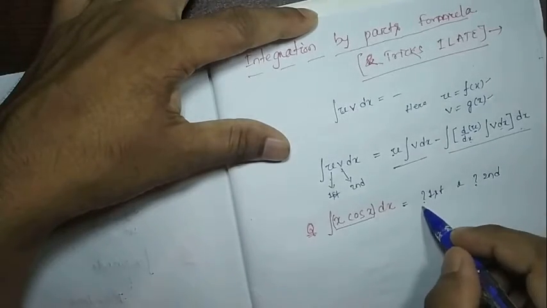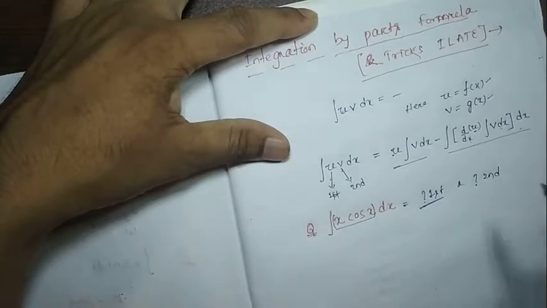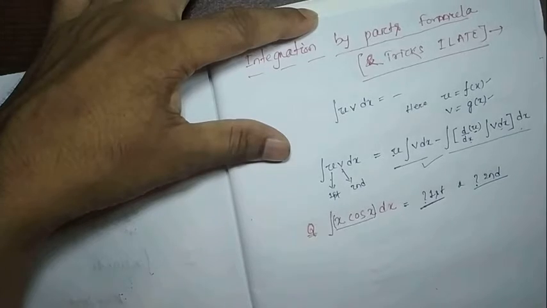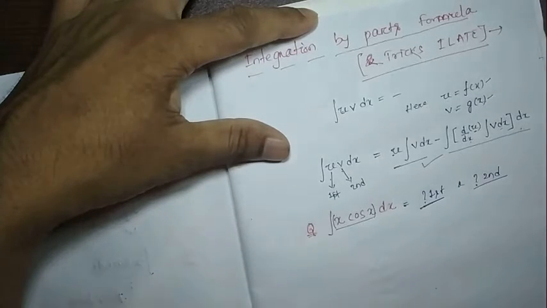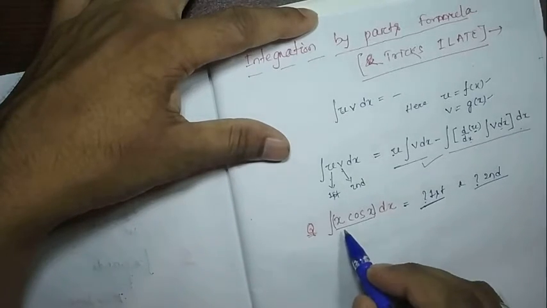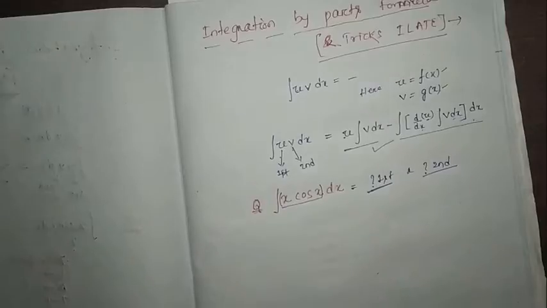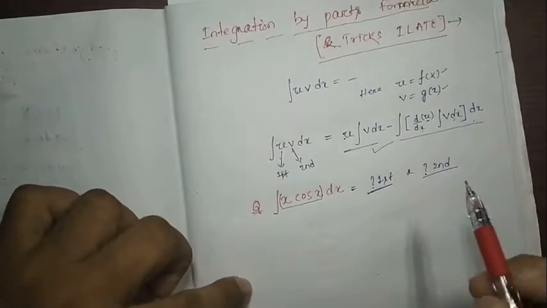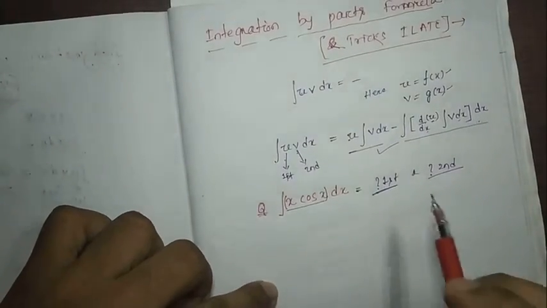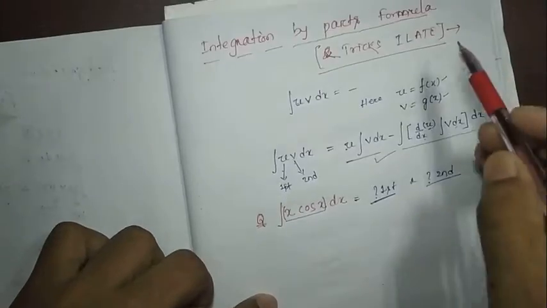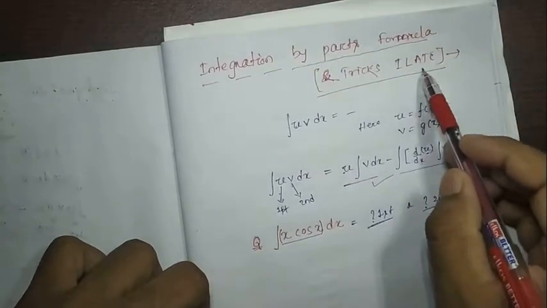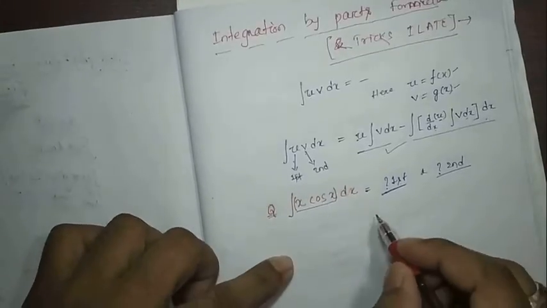If we have to finalize first and second, then we can write this formula. So to choose the first and second function, we have to consider this trick, that is ILATE.